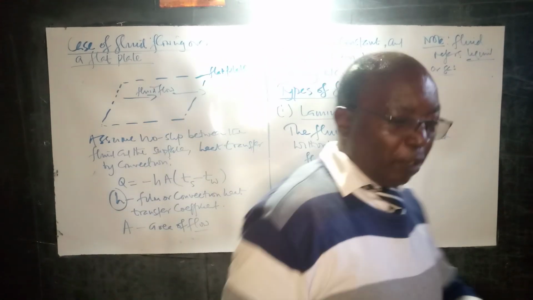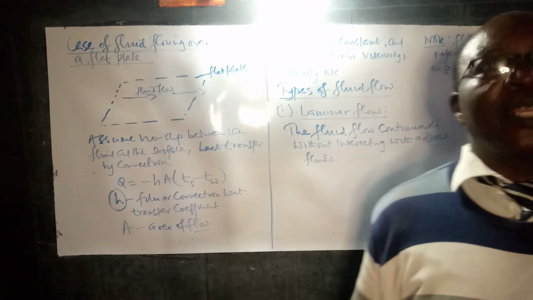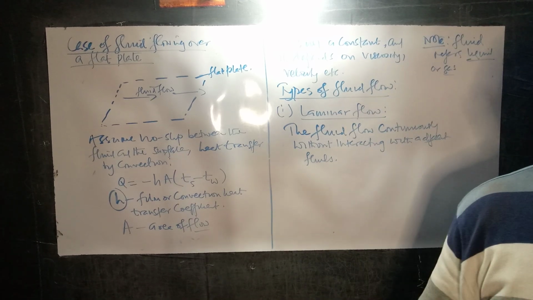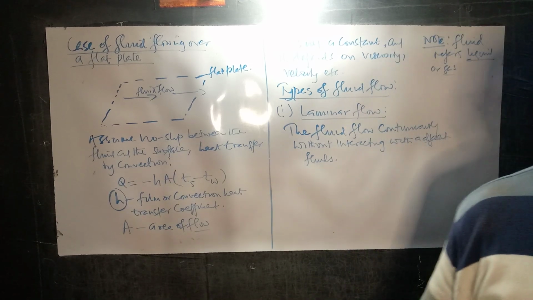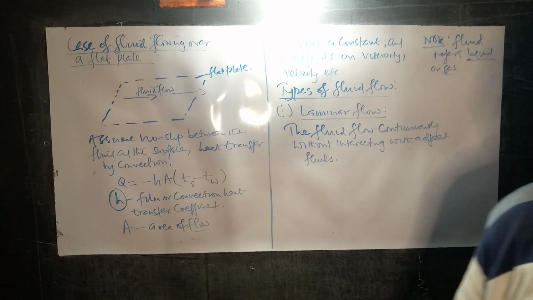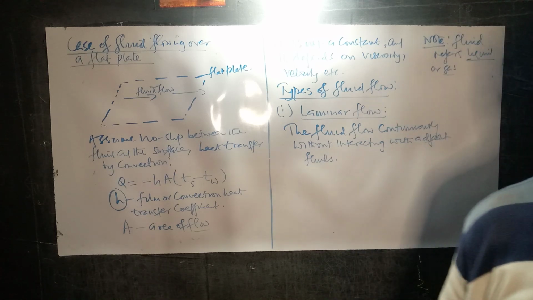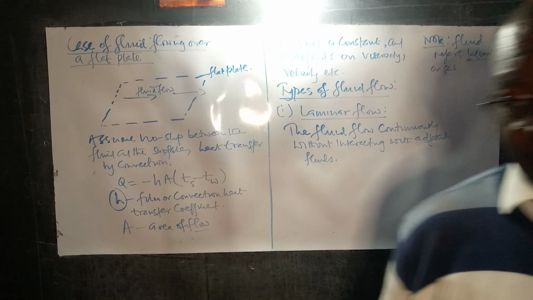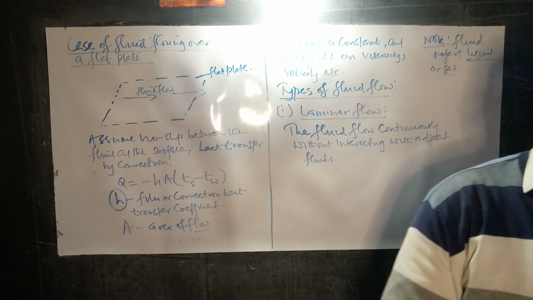Of course, in practice, that becomes quite a challenge. Yes, it can flow continuously at the beginning without interacting with other adjacent fluids, but of course, as time goes by, then those interactions take place and it leads us to another type of flow.